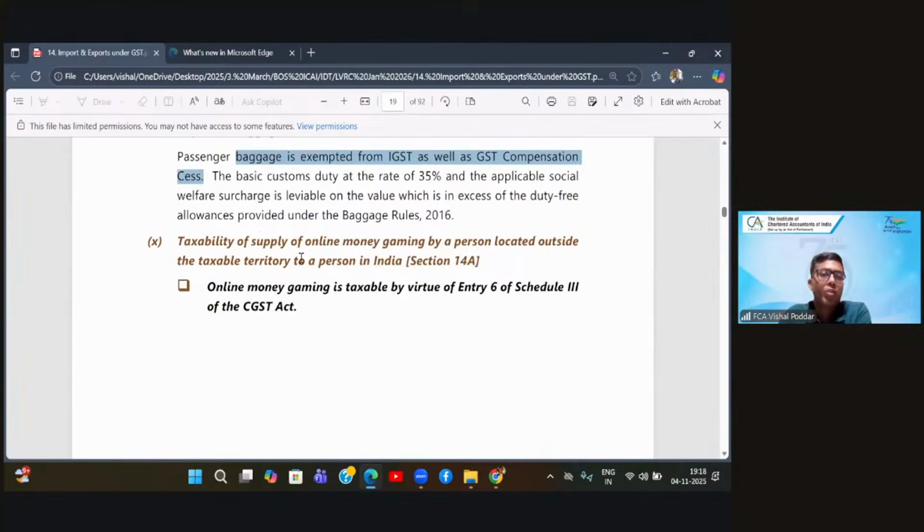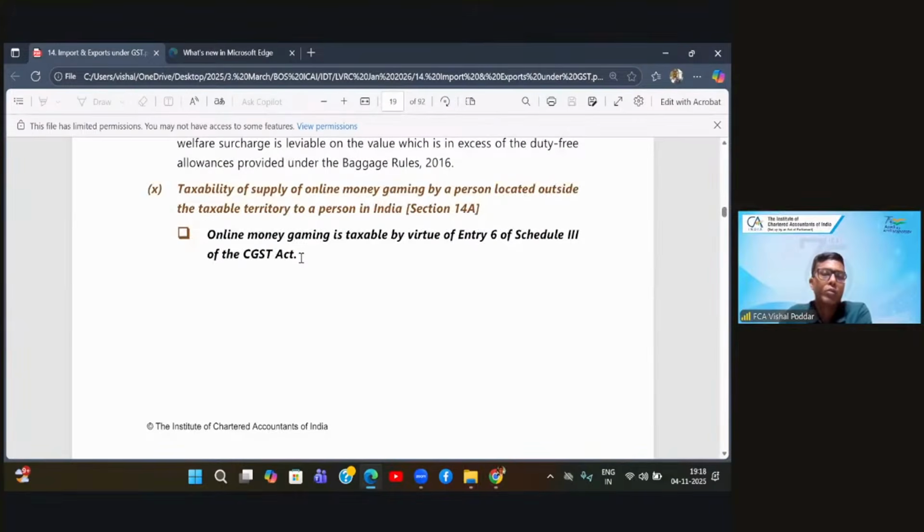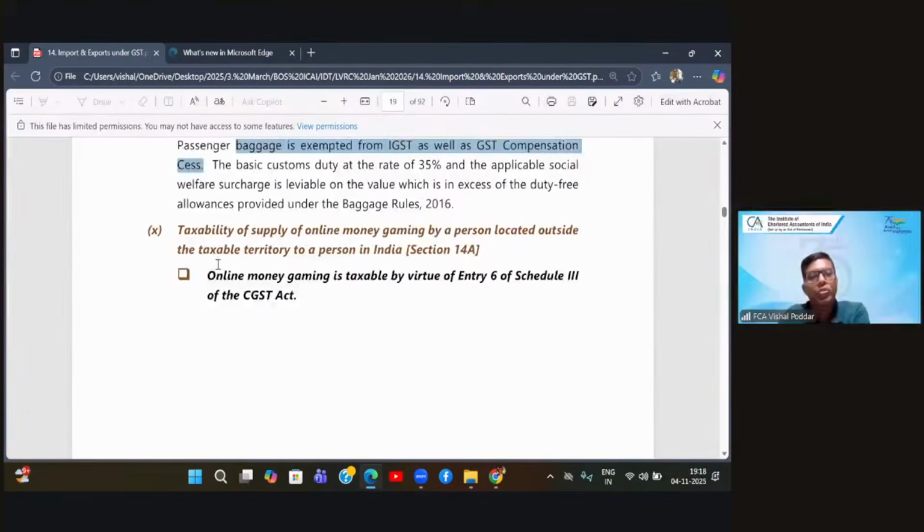Now, taxability of online gaming. Online gaming is divided into two parts: online money gaming and all other online gaming. Firstly, what is online gaming? Wherever you are playing a game through any internet or any electronic platform, that is online gaming. Now, where in this online gaming there is some money stake, so you are participating in some competition or event whereby whatever money you have put on stake, if you win, the entire prize money pool comes to you, it is called online money gaming.